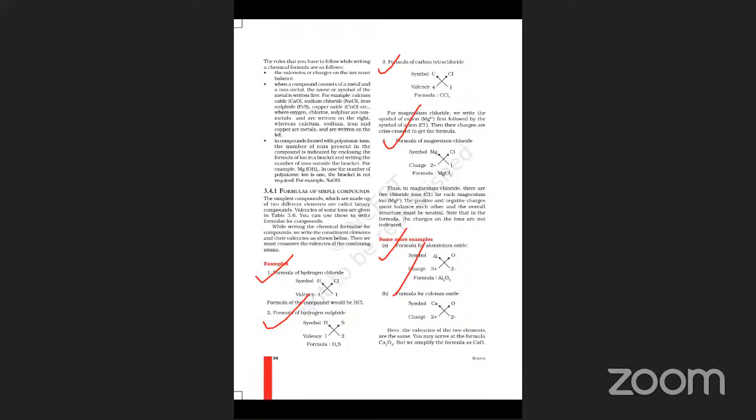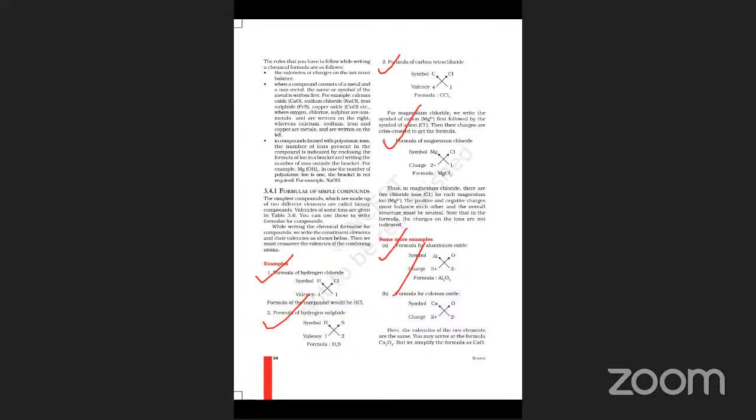And in the second example of magnesium chloride, we first wrote the charge of chlorine, which is 1 minus, and magnesium, which is 2 plus, and then we used the crisscross method, and then we got MgCl2.